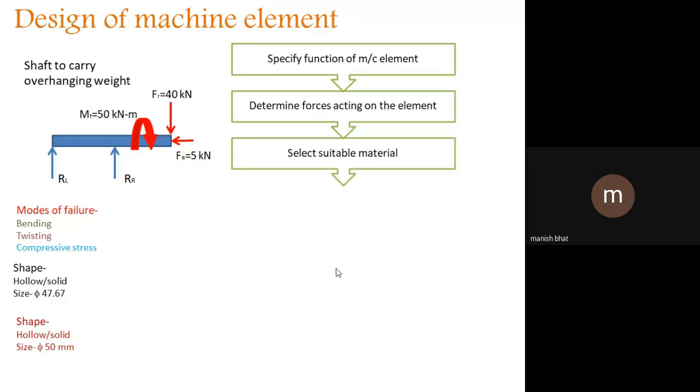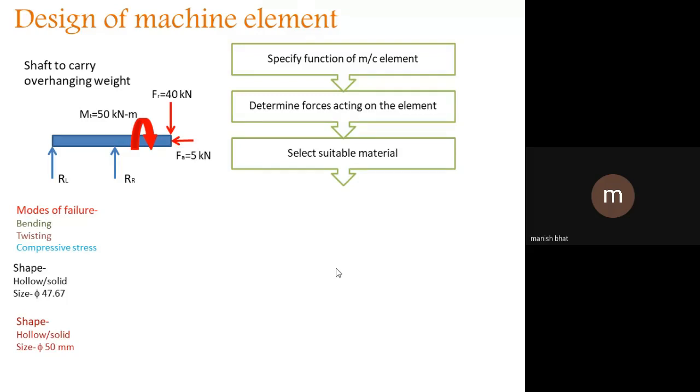Now let us move ahead, and this step again is important because the ability of any material to sustain the force, I repeat, the ability of sustaining the force depends upon the material.